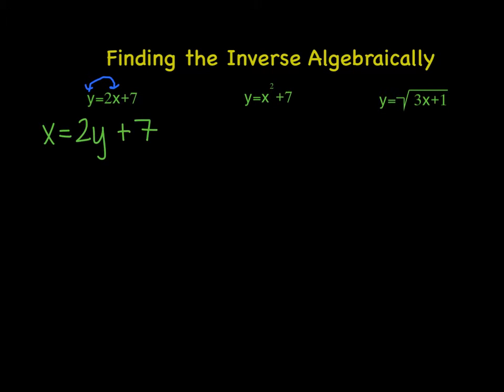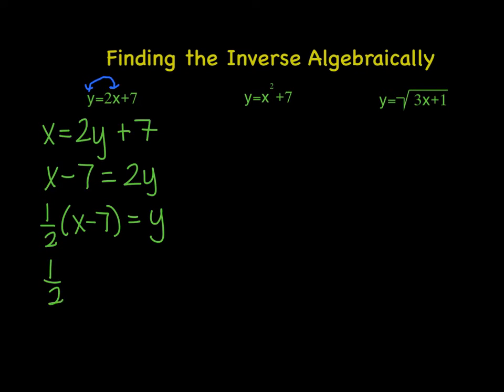So I'm going to subtract 7, multiply by the inverse, distribute, and make sure that this is the inverse of y. We denote inverse by that right there, to the -1.